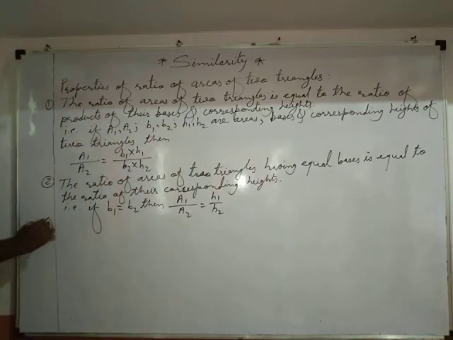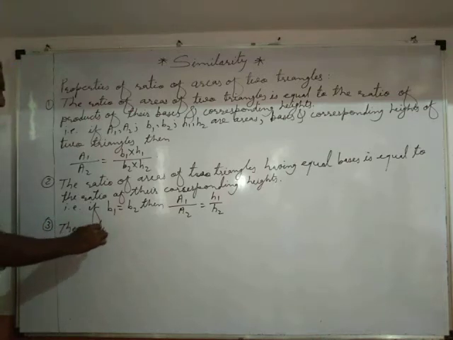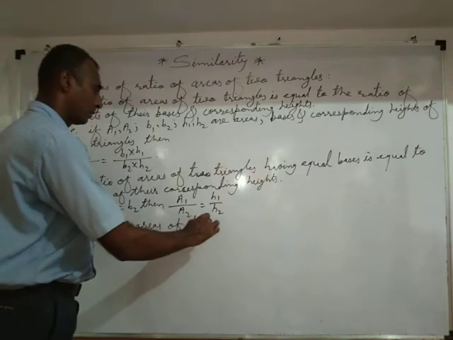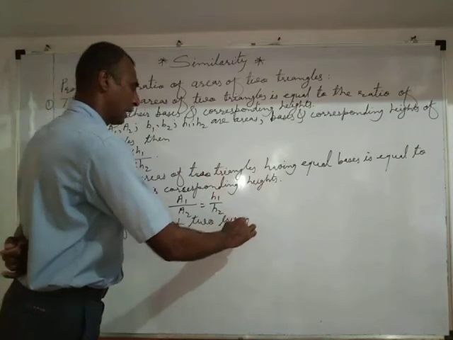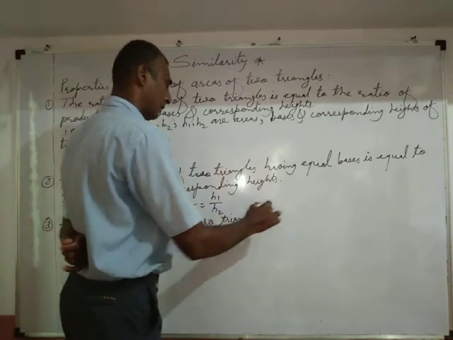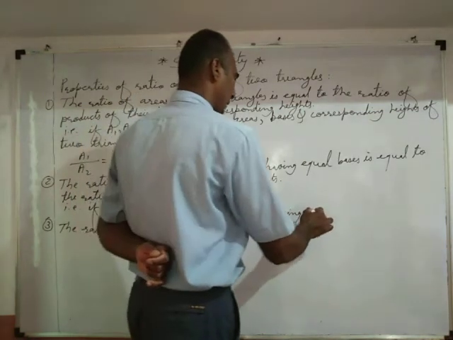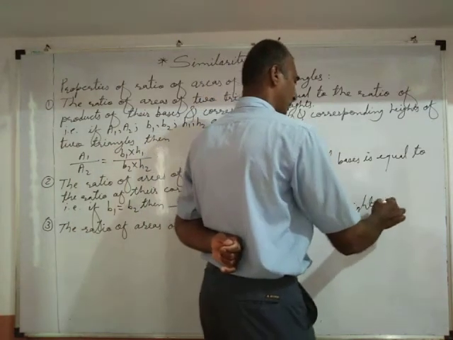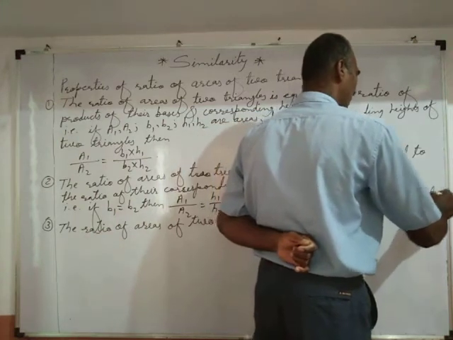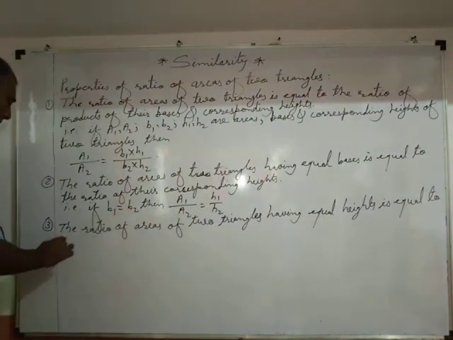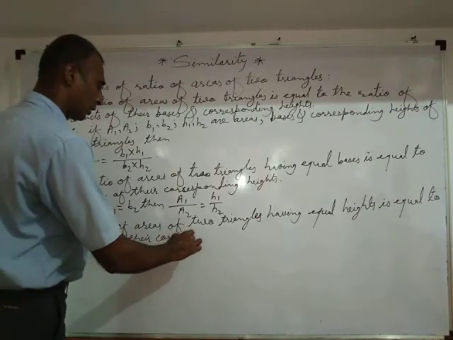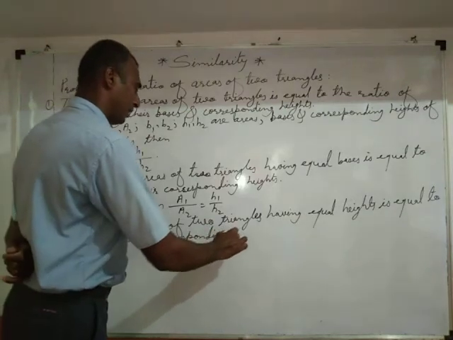Similarly, third property, the ratio of areas of two triangles having equal heights is equal to the ratio of their corresponding bases.